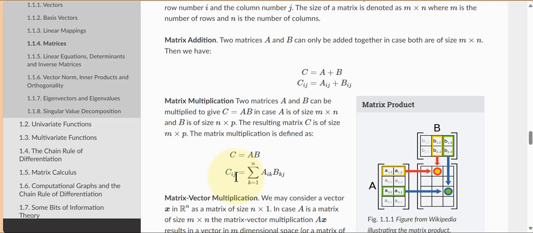So if you want to know what the ijth element is, you do this. What does that mean? We're going to take something from A and something from B, and multiply those. Those are two elements, one from A and one from B. Then we're going to get another element from A and B and multiply those, and we keep doing that and sum up the results.